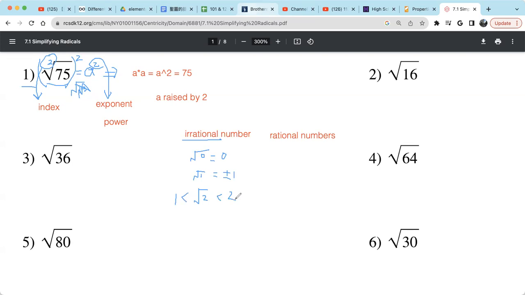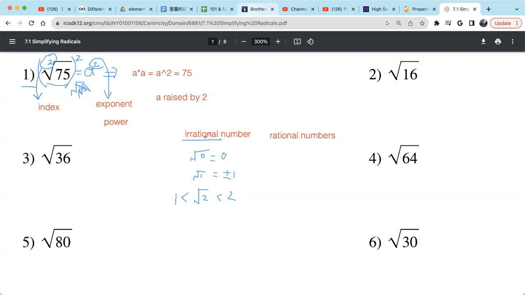If a decimal number has repeating patterns, it can be written as a fraction, and a fraction is a rational number. So irrational numbers cannot be written as a fraction. A fraction means the numerator is an integer and the denominator is also an integer, like a half: 1 in the numerator is an integer, 2 in the denominator is also an integer.